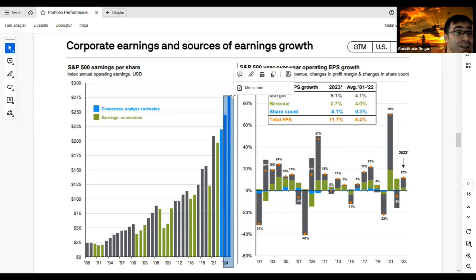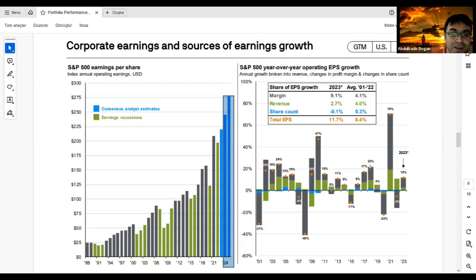So if you have money in your savings and you want to take a position for your investment, you can take a position in the S&P 500 for the next year, not today, but next year. The S&P 500 will give a nice profit for you for 2024.